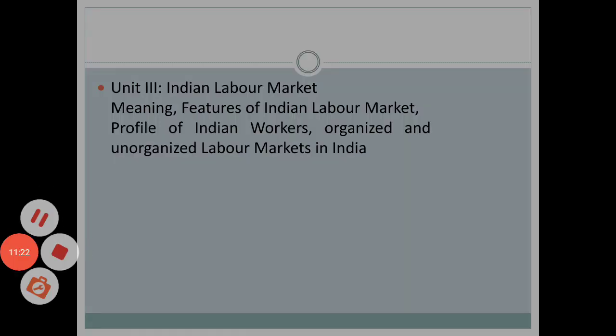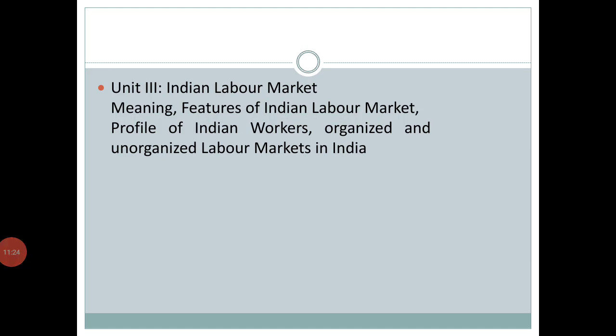Then unit number 3 is entitled Indian Labour Market.